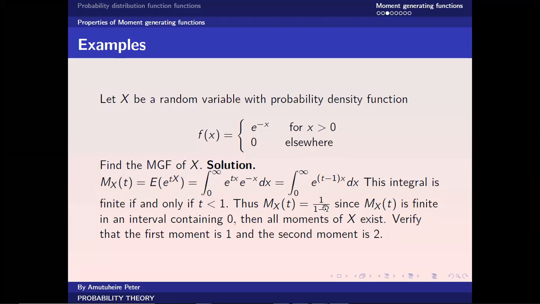Differentiate here the first time. When you differentiate the first time, you get negative, because this one goes up and becomes to power -1. So -1 into 1 minus t power -2.